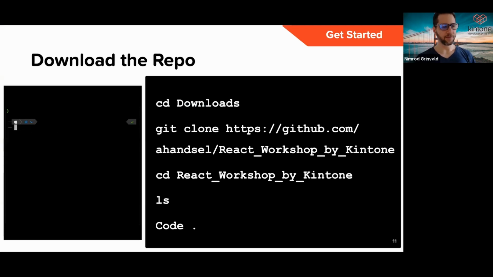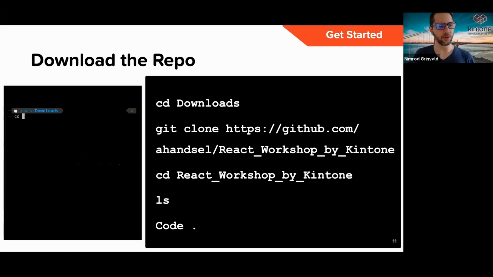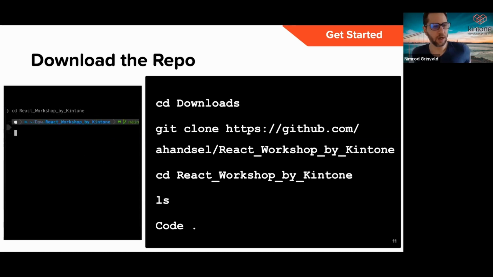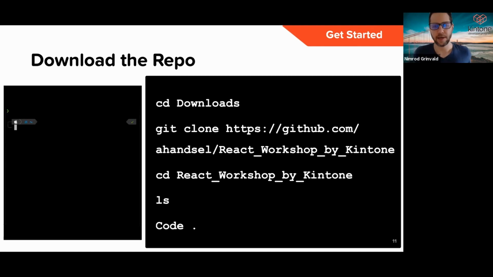Okay, so if you have not done so already, please make sure that you git cloned the repo. And Genji, could you please drop the link in the chat in case anyone still hasn't cloned that repo yet? You'll move into the React Workshop by Kintone subdirectory, and then go ahead and fire up VS Code.